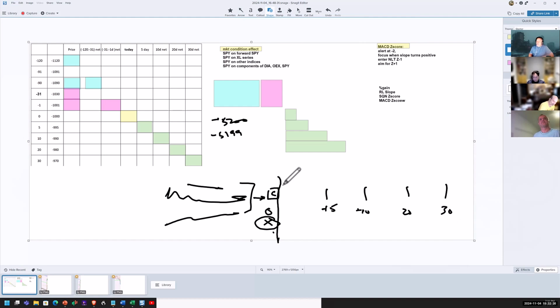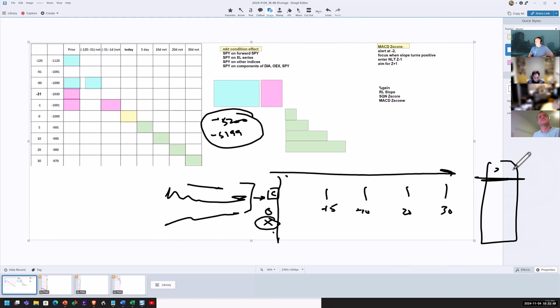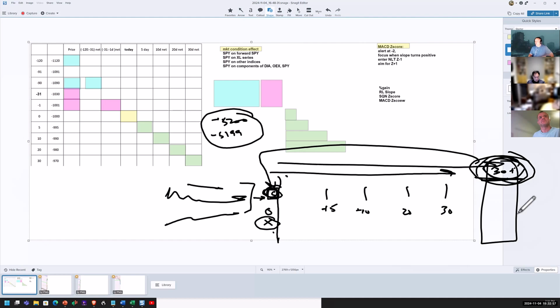So if I find the last 5,200 days and I know what every 30-day performance is, I could sort that and find the best 30-day performances and work backwards to see what were the conditions that 30 days later this thing was unbelievably good. Is there something common to those conditions?